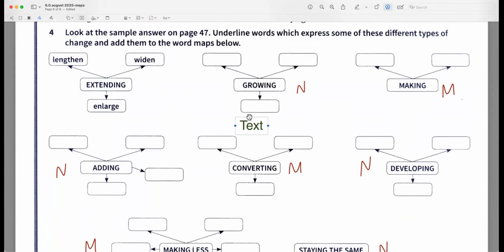Now just share what verb did you find? Sorry? Build? No, not really build. We put build in another one. What else? Improve is for another one as well.